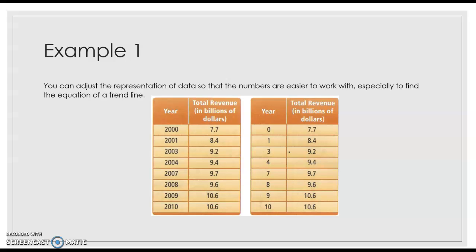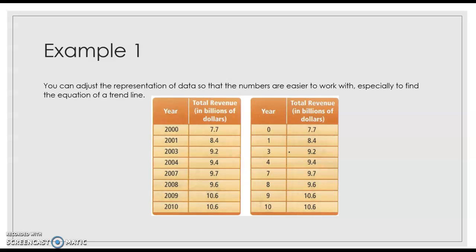So instead of using the year 2000, 2001, 2003, 2004, when we talk about situations starting in the year 2000, or starting in the year 1997, or whatever it may be, if you look at this table, our y values are all the same, but we go from using the year 2000 to saying that 2000 is equal to 0, and 2001 is 1, 2003 is 3, because 2003 is 3 years from 2000.